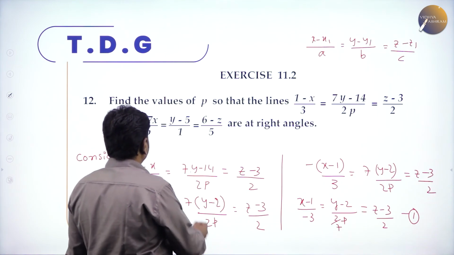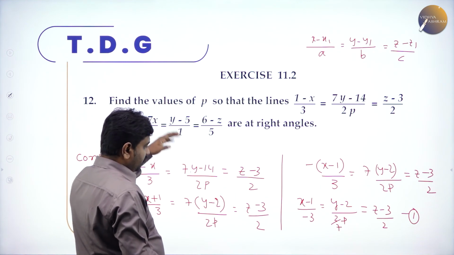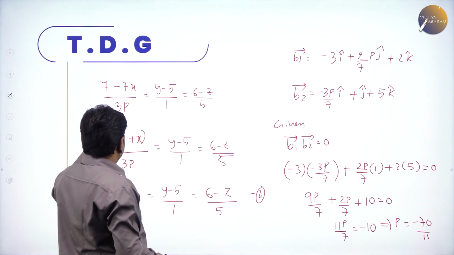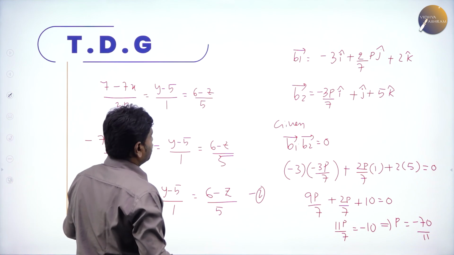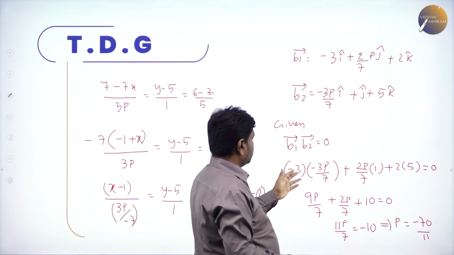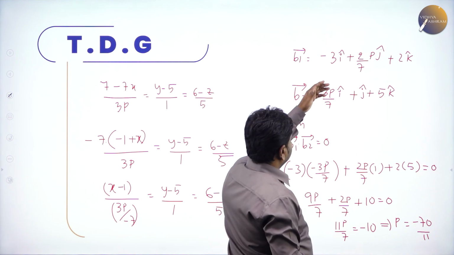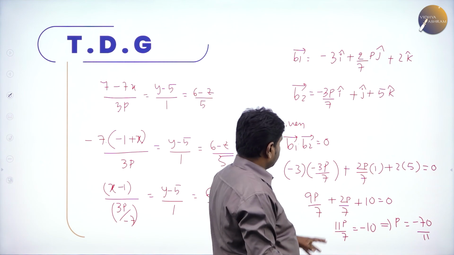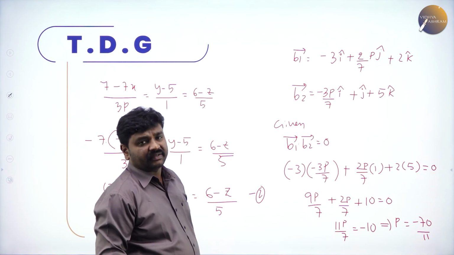Directly, first the equations were not in standard form, I reduced them into standard form, then multiplied the direction ratios, transferred 10 to the other side to become minus 10, then transferred 7, and it becomes minus 70 by 11.